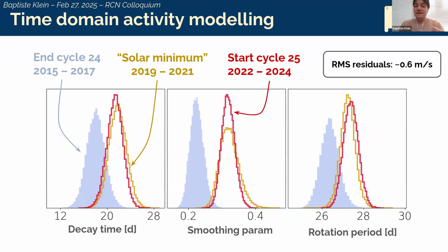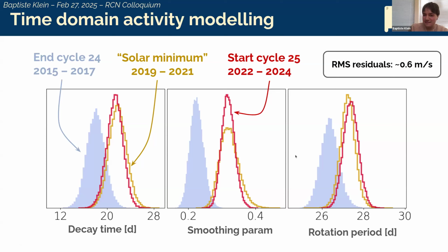So these are the posterior distributions that you get on the 3 parameters of the Gaussian process. In the blue region, you have what we get at the end of cycle 24. The solar minimum and the start of cycle 25 are in red and yellow here. The first point I want to mention is that we do have a variation of the hyperparameters.